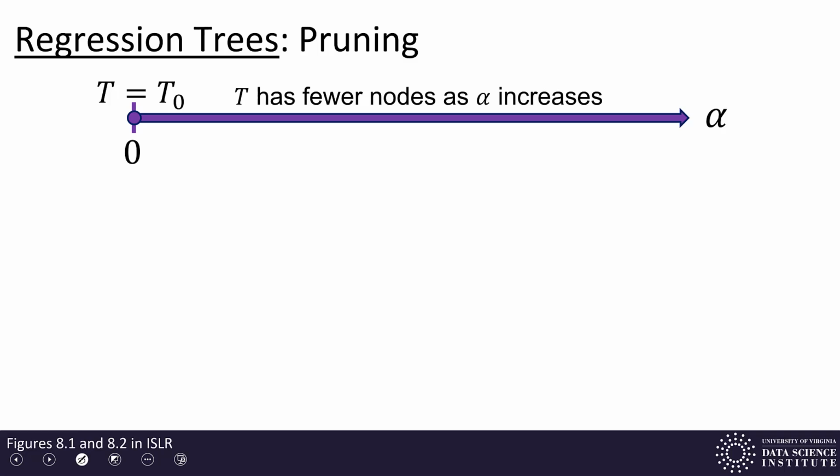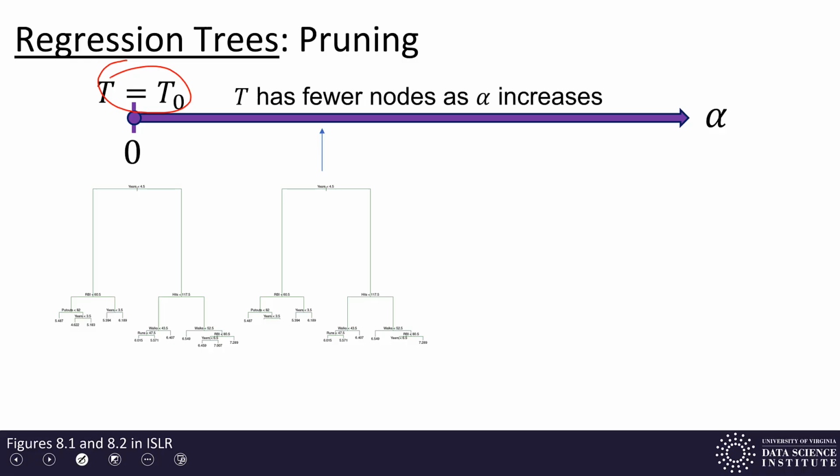What we really get is, if this line represents alpha, if alpha is 0, we get the full tree. And as alpha changes, we'll get a different tree. So there's the full tree. As you increase alpha, you get a smaller tree. You increase alpha further, you get yet smaller, and then even smaller the further you increase alpha.